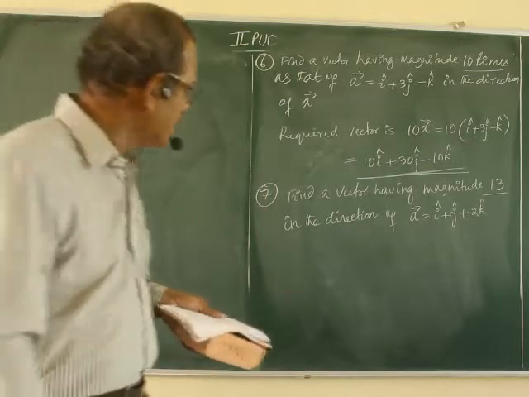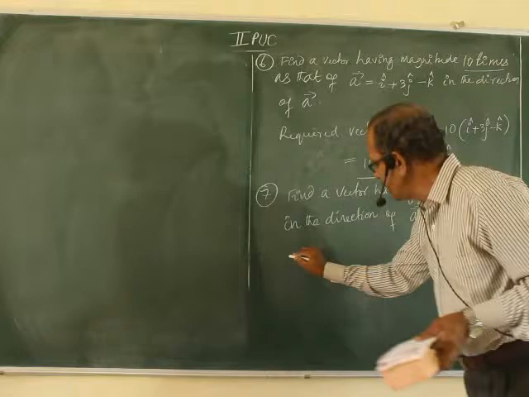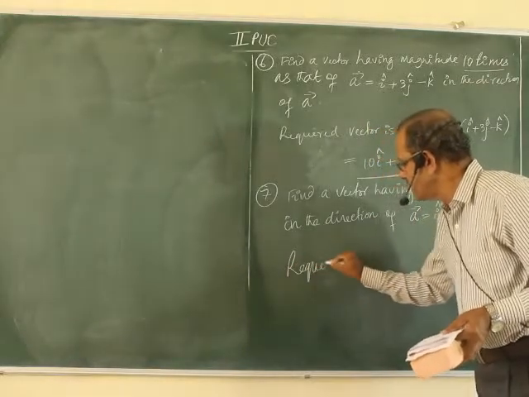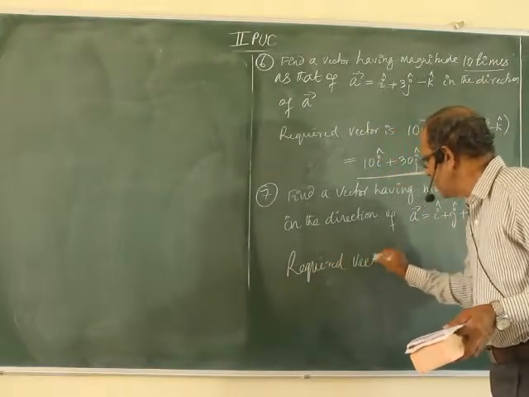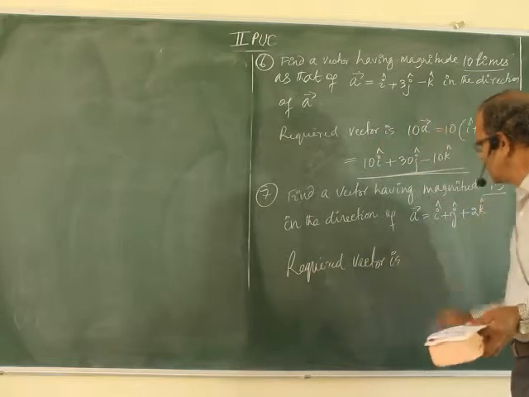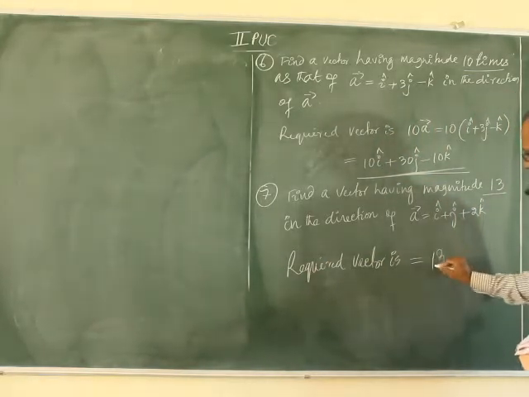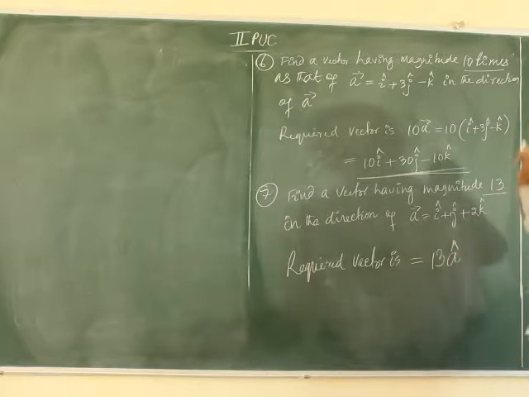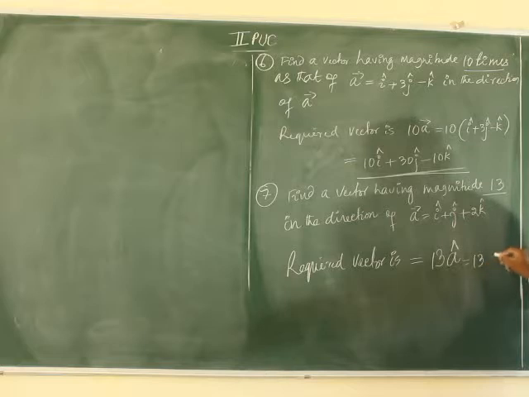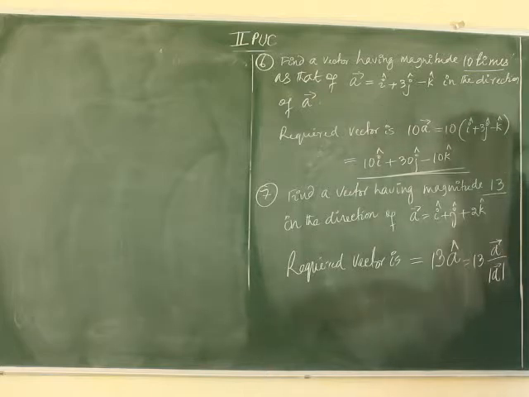Clear, no? Right, let me write then. Required vector is equal to 13 times A cap, or 13 times vector A by mod A, because A cap is vector A by mod A. This is the answer you get.